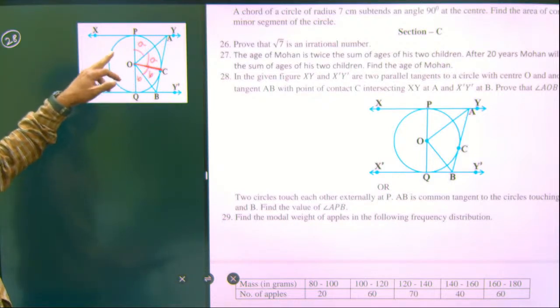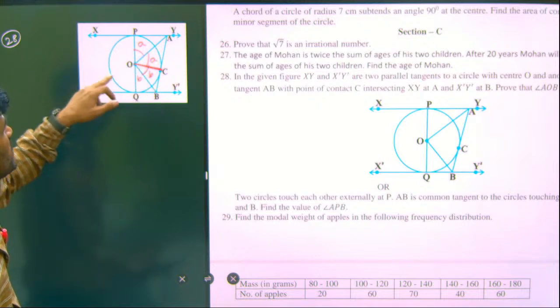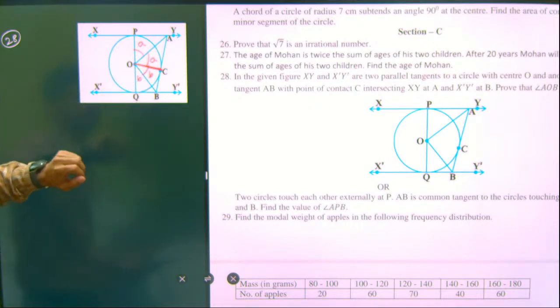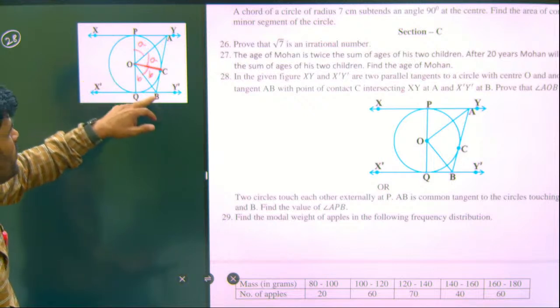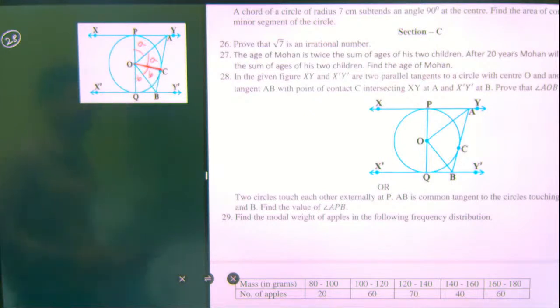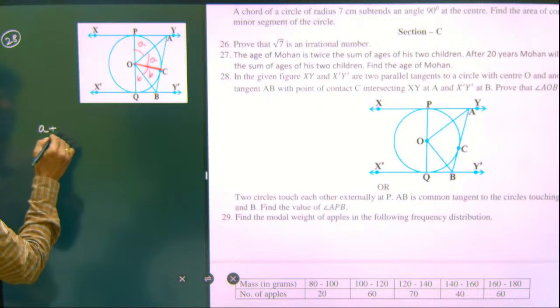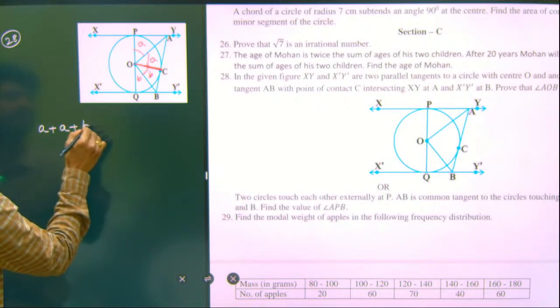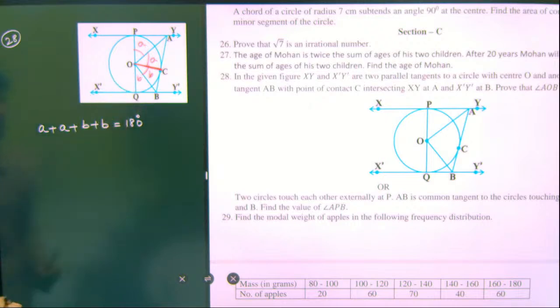What you have to write? OY is the bisector of angle POC. Therefore, POY is equal to COY is equal to A. Then OB is the bisector of angle QOC. QOB equals COB equals B. Then at last, after we write like that, we get A plus A plus B plus B is equal to 180 degrees because it is a straight angle.